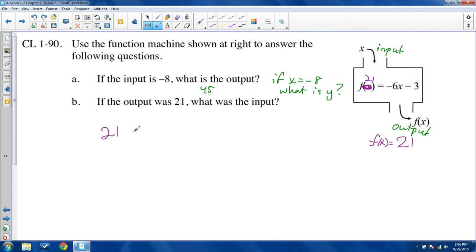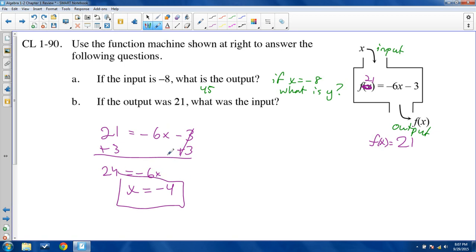So now the equation looks like 21 equals negative 6x minus 3. Add 3 to both sides. Literally solving for x. Negative 6x. Divide both sides by negative 6. x equals negative 4. So the input was negative 4. That's what we found.